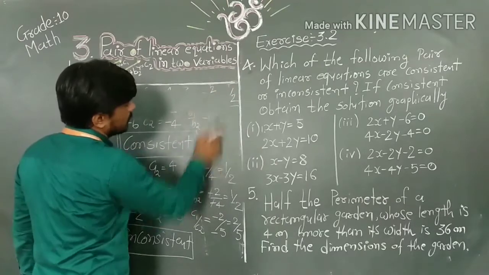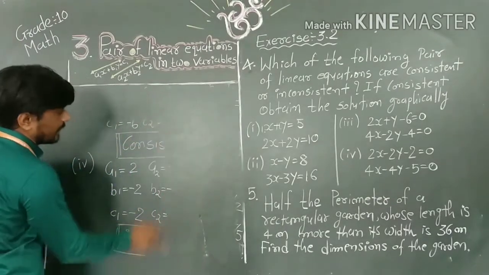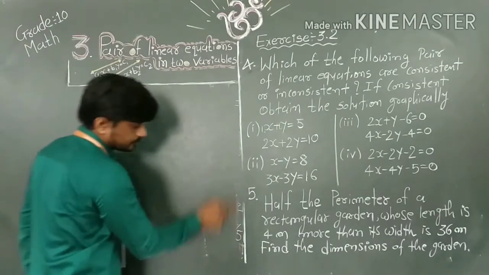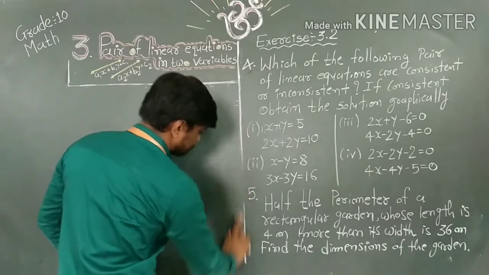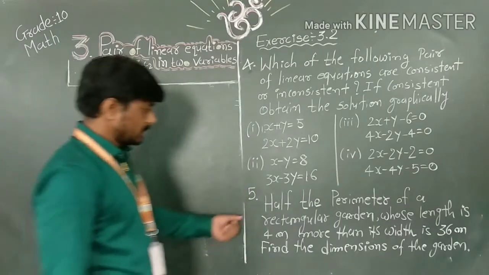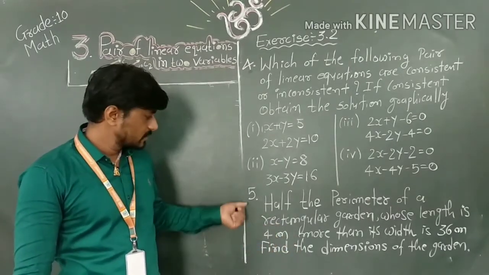Now look at example number 5. Here is the data of example number 5. First of all, I read it out.